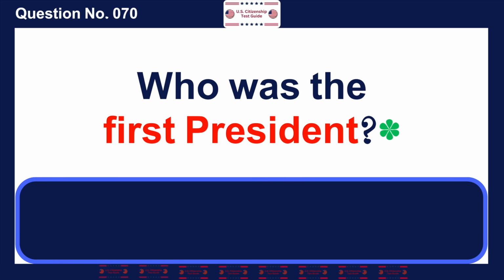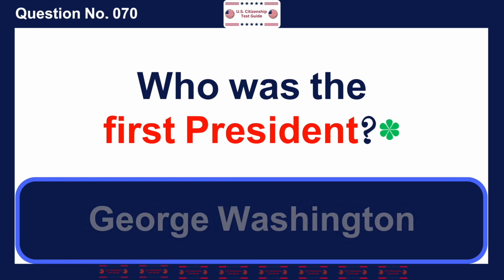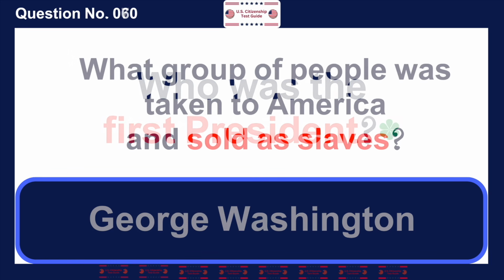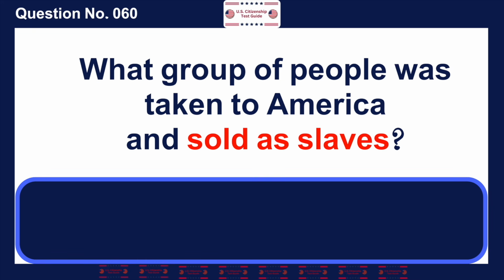Who was the first president? George Washington. What group of people was taken to America and sold as slaves? Africans.